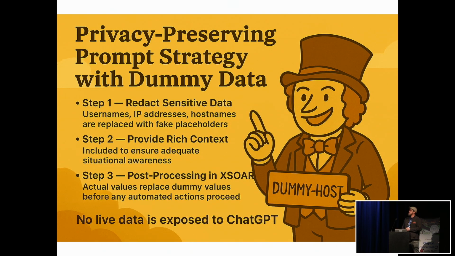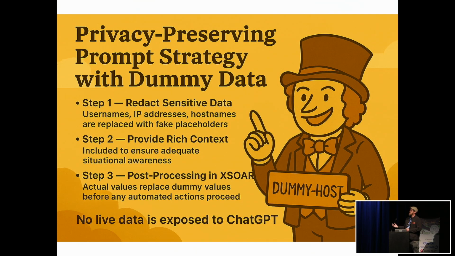So once you get the incident, say an EDR or whatever incident comes into XOR, it's going to redact that data. ChatGPT doesn't care what your internal artifacts are, your IP addresses, your usernames. So I redacted it using a Python script.